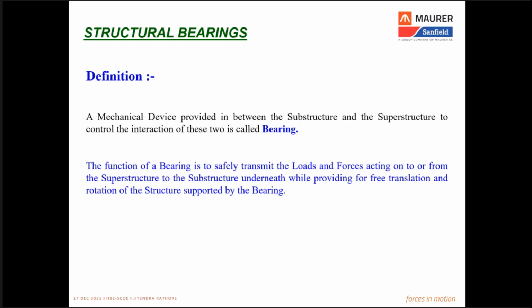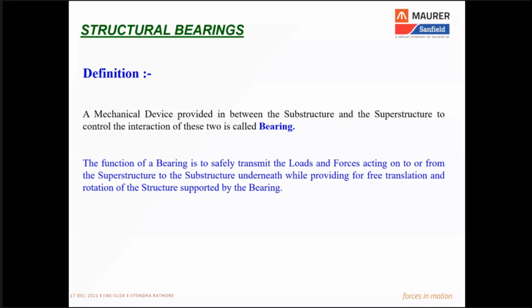So it requires certain freedom to move, and not only by this thermal expansion and contraction, by the influence of the live loads or the wind and seismic, there may be certain additional movements and rotations in the structure, and the bearing system has to complement all these functions of the structure. So this mechanical device is the bearing, and this is the function of the bearing.